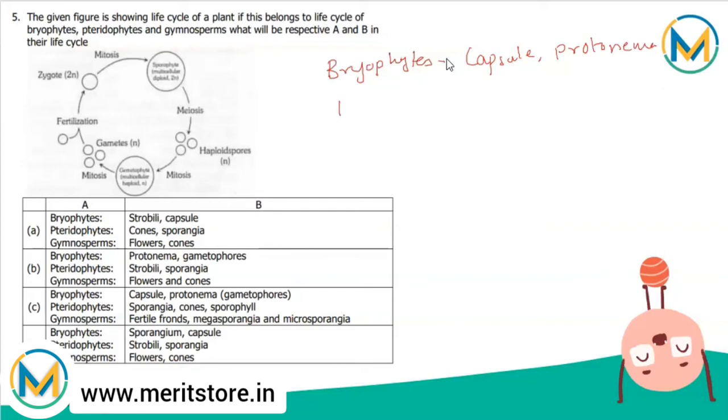Then for pteridophytes, it will be sporangia or cones and sporophyll.